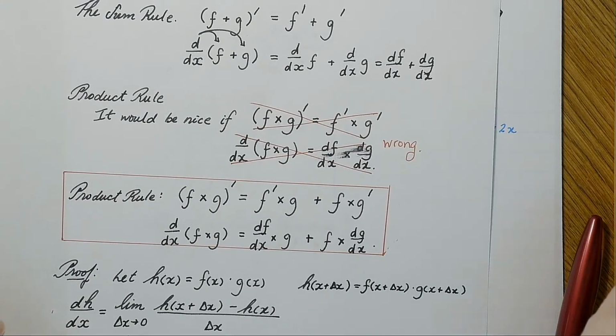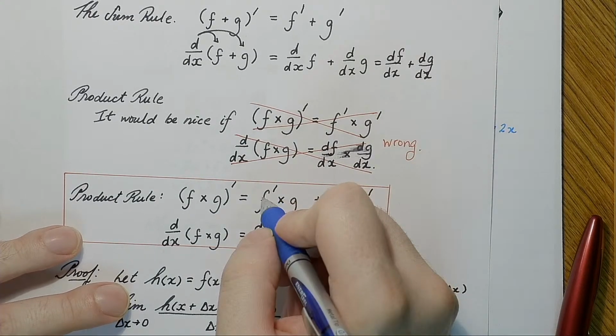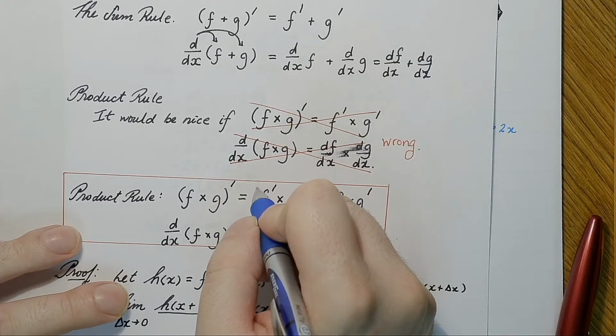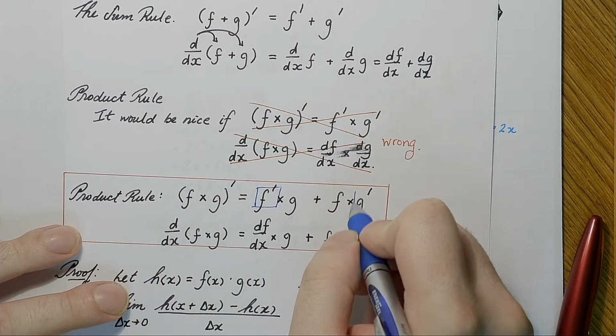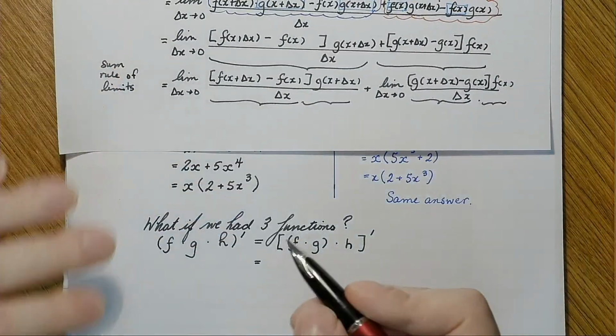So if you think about this, I have f and g, and the derivative is applied here, and then in the second case, it's applied there. So we're going to do the same thing.